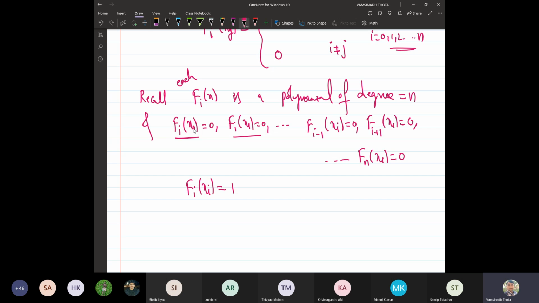First root, second root, (i minus 1)th root, (i plus 1)th root, and some nth root. What is f_i? f_i is a polynomial of degree n. Okay. But what are these? x0, x1, x_{i-1}. So yeah.